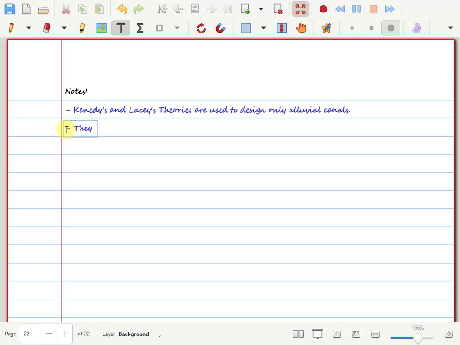Second important point is that Kennedy and Lacey, they do not give us the exact calculations. These theories do not give us exact calculations. Why?